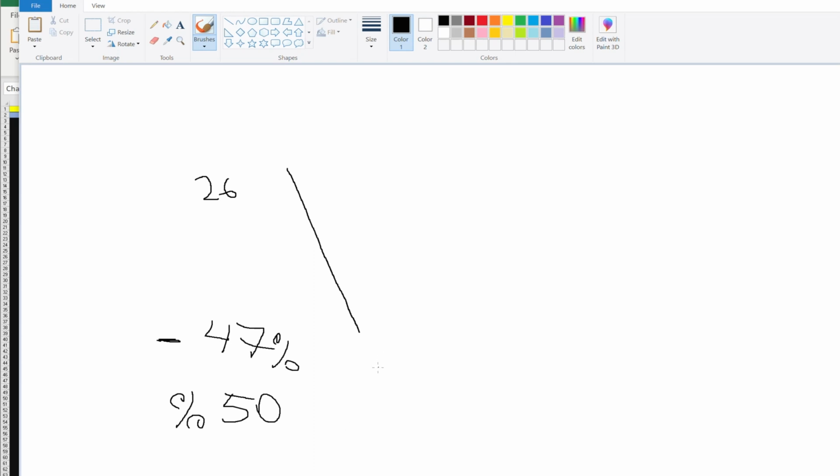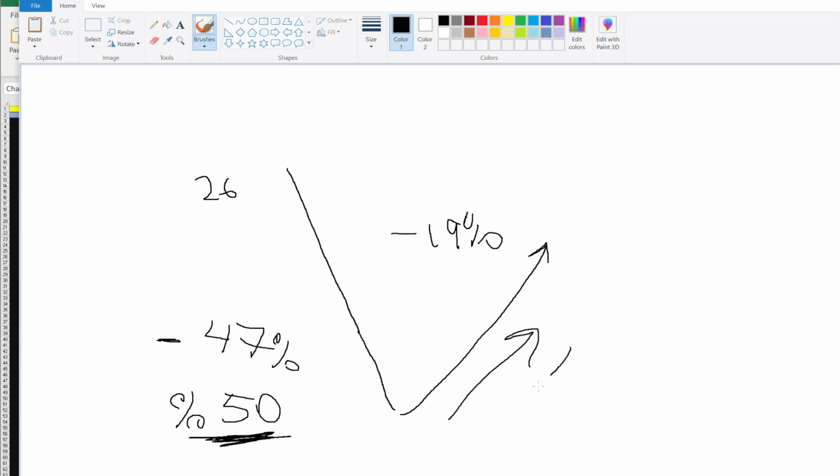But our average and our frequency data tells us that it's going to close at negative 19%, which means that there's going to be this huge bounce. And so the bigger this number is, the lower it drops, the higher this bounce percentage is going to be.